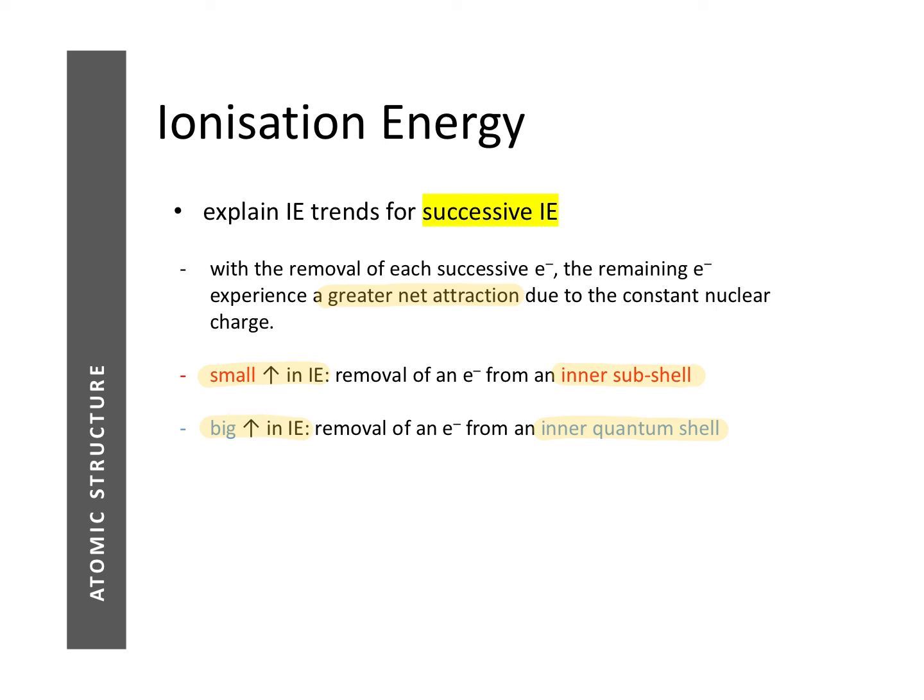Same thing if we compare the S and the P subshell for the same quantum shell. The S subshell is slightly lower in energy than the P subshell. So when we remove an electron from a 2S subshell, as compared to one from a 2P subshell, the one from the 2S subshell would require a larger amount of energy. So you see a small jump in the IE trend.